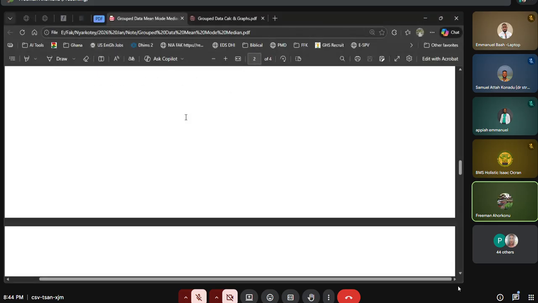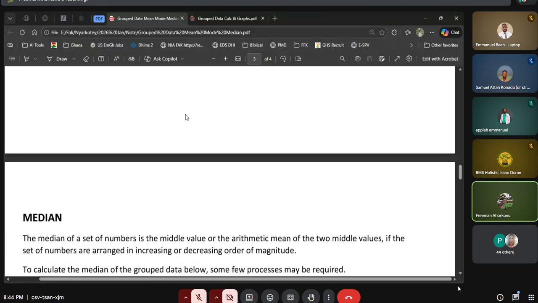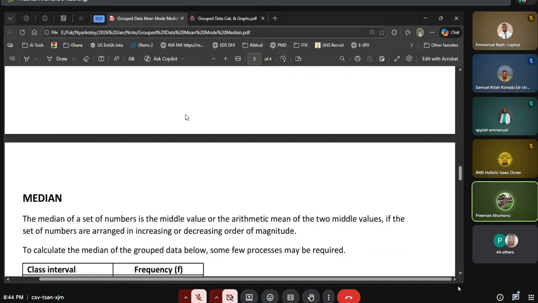So we've come to the median. We already said if you have a set of numbers and you are to find the median, all you have to do is arrange the set of numbers from the smallest to the biggest, or from the biggest to the smallest.